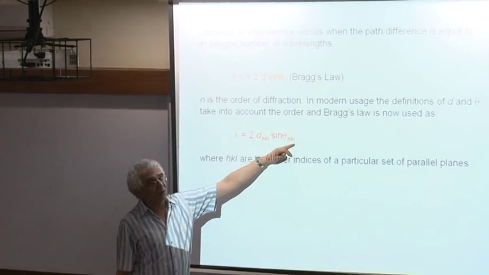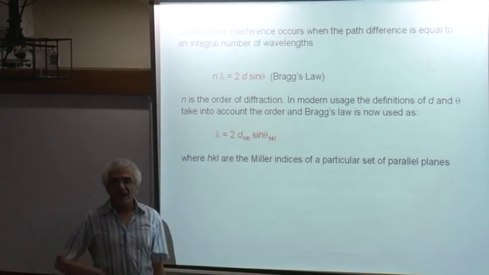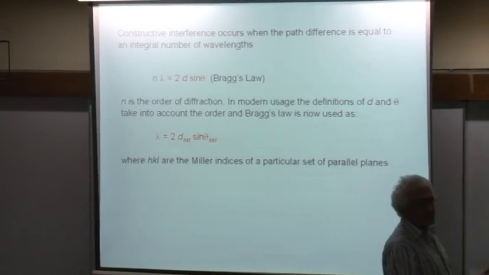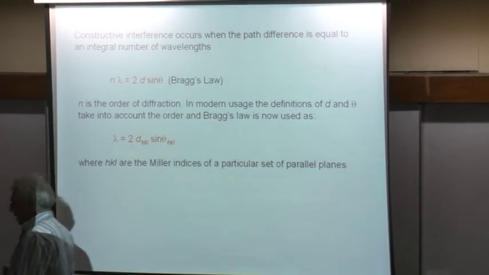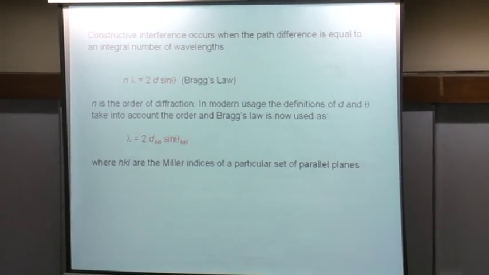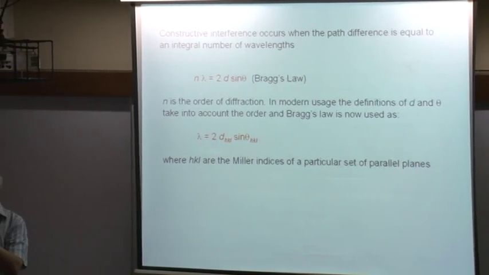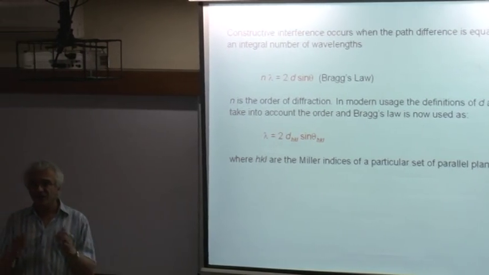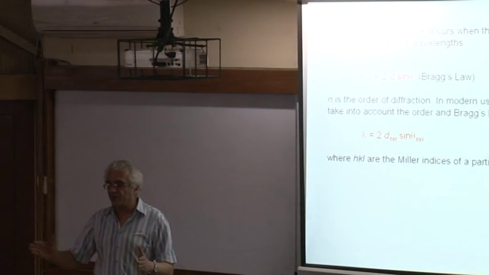And so there are an infinite combination of H, K, and L. In reality, the number is actually limited because as the spacings in the crystal get closer and closer together, the value of theta gets larger and larger, and so there's no difference as you increase the angle.